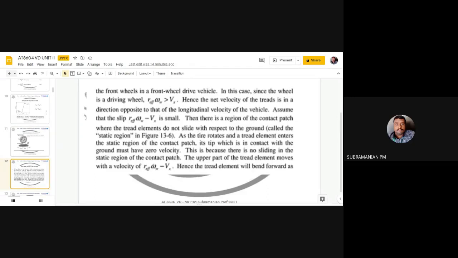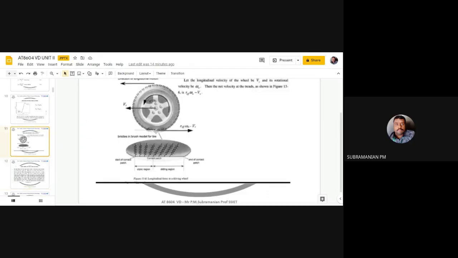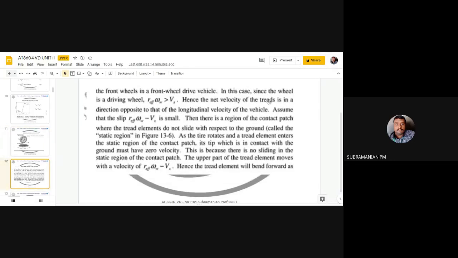The resultant velocity will be opposite to the longitudinal velocity. That is known as a slip, and normally the difference will not be more, it will be somewhat less only.